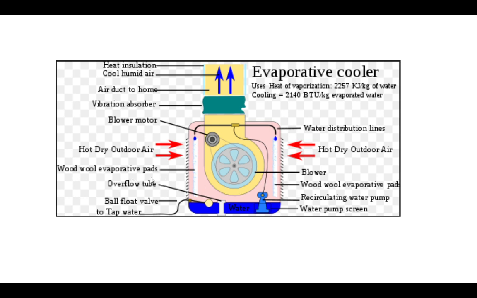In this case, it's wood wool pads, which are filled with water to enhance the evaporation, and that will generate cool air. So it's a fairly cheap way of running an air conditioning unit on a very hot day. Probably more effective and less costly to run than a conventional air conditioning unit.